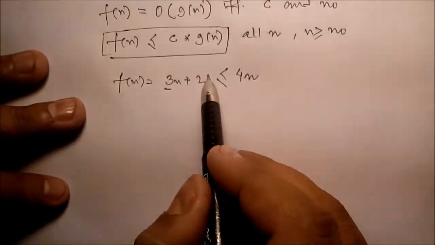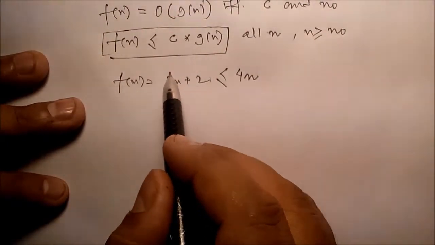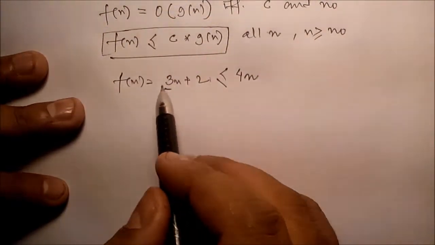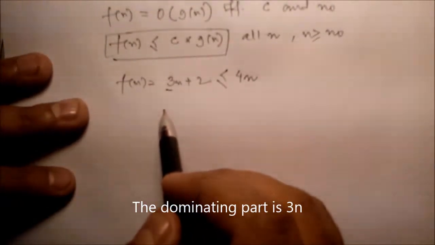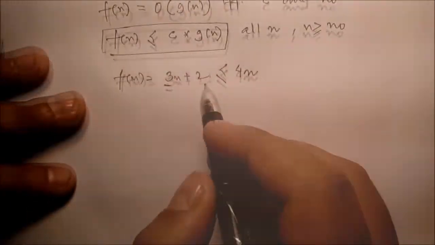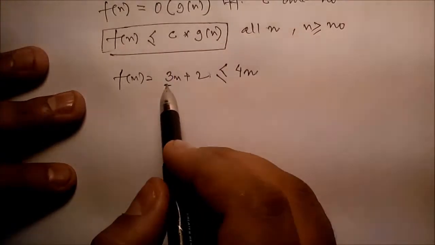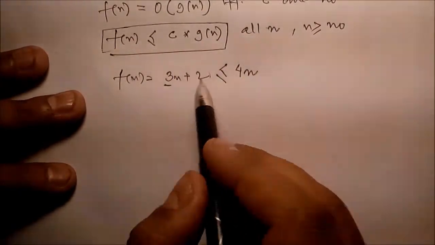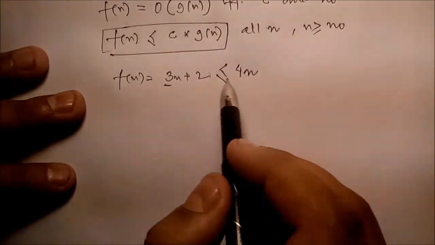Now if you see this particular expression, f(n) is equal to 3n plus 2, the important part, the main part, is the 3n part; 2 is the negligible part. You just take the coefficient of n, which is 3, take one more than it and copy it.